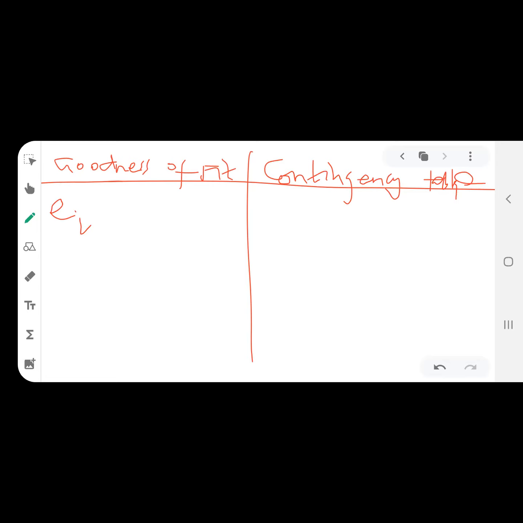And for goodness of fit, you are going to calculate it using npi, where Ei denotes the expected frequency, n denotes the sample size, and pi denotes the proportion.